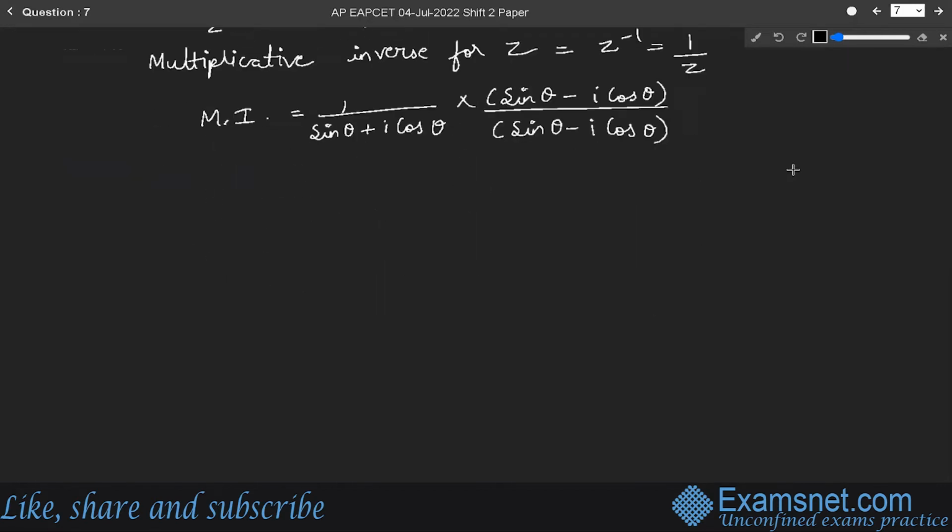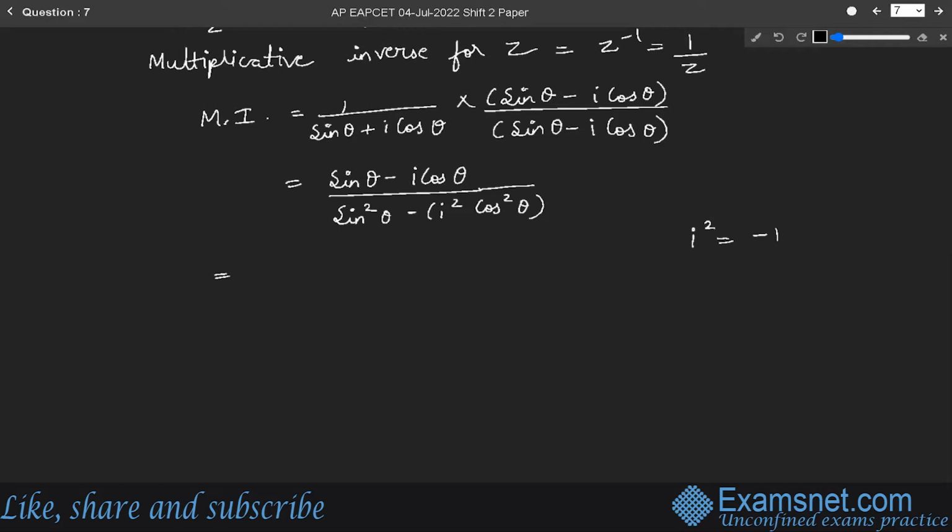Now, on further multiplying, it will be sine theta minus i cos theta divided by a plus b times a minus b. So it will be sine square theta minus i square cos square theta. Now, we know that in complex numbers, i square is equal to minus 1.